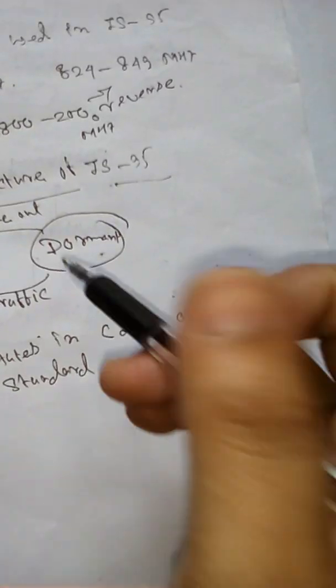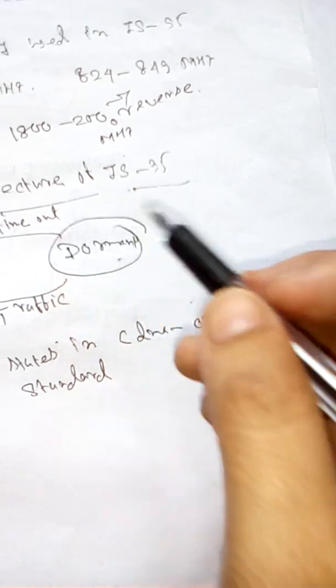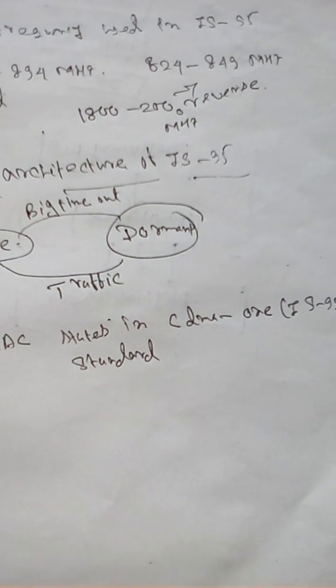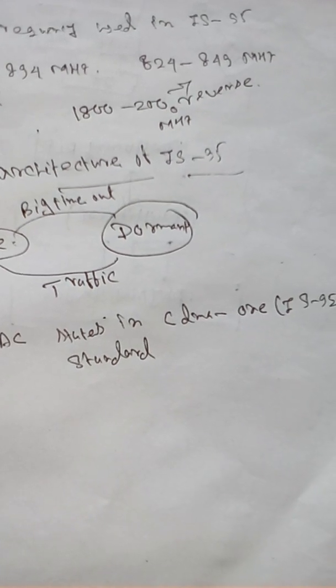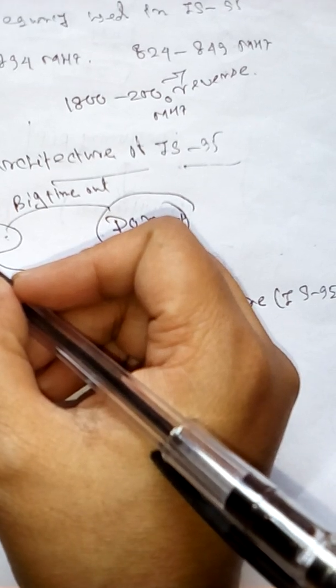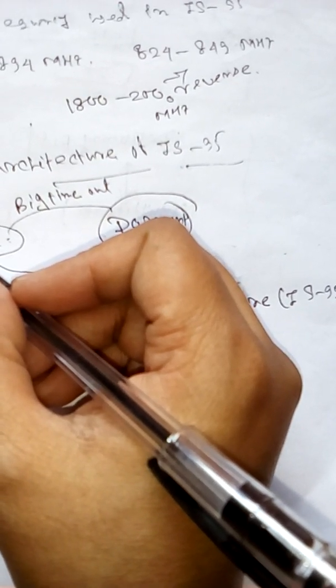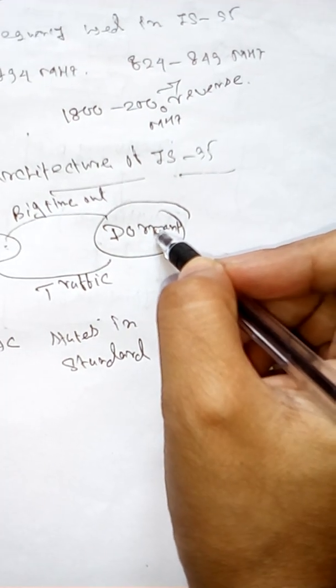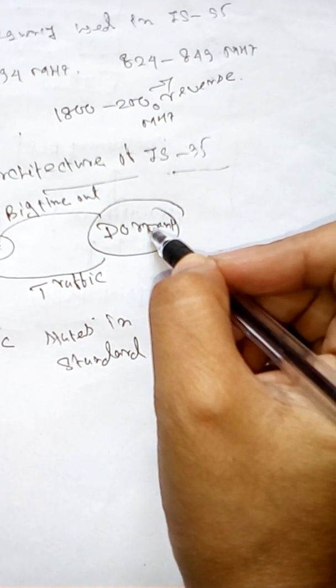In the active state, channels are assigned to the mobile, and in dormant mode the mobile unit does not maintain any sequence of channels.